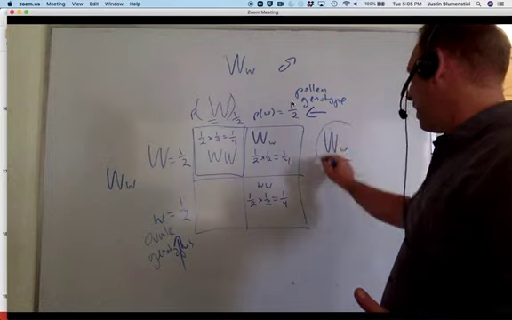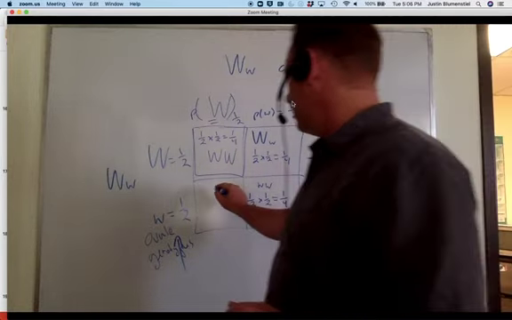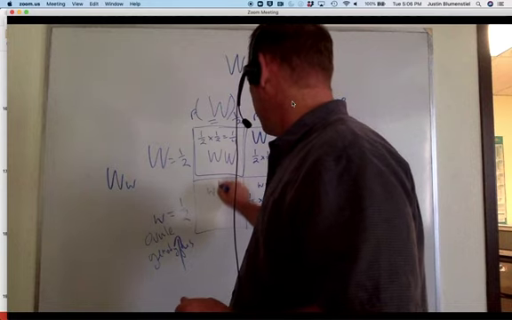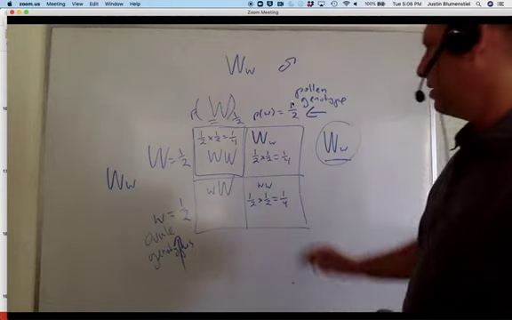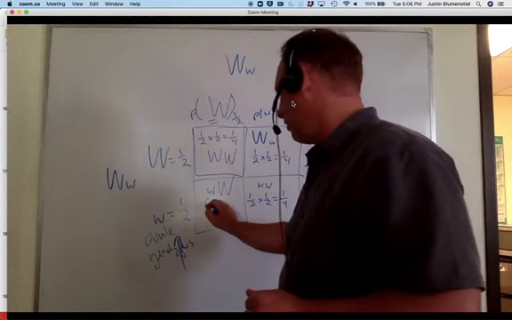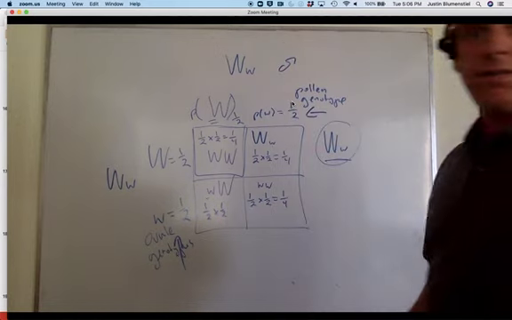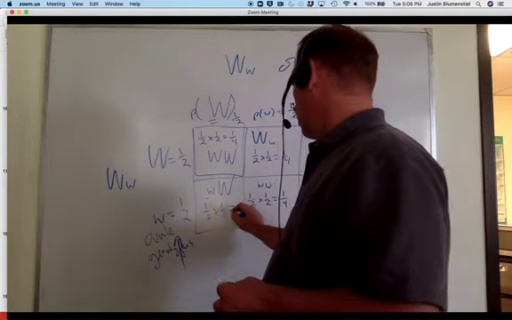We just don't care. So technically, this is in some ways different than little w, big W, right? Because this tells us that this one came from the ovule or this one came from the ovule. But we treat those as if they're the same genotype, which they are. They're heterozygotes, right? So 1/4.